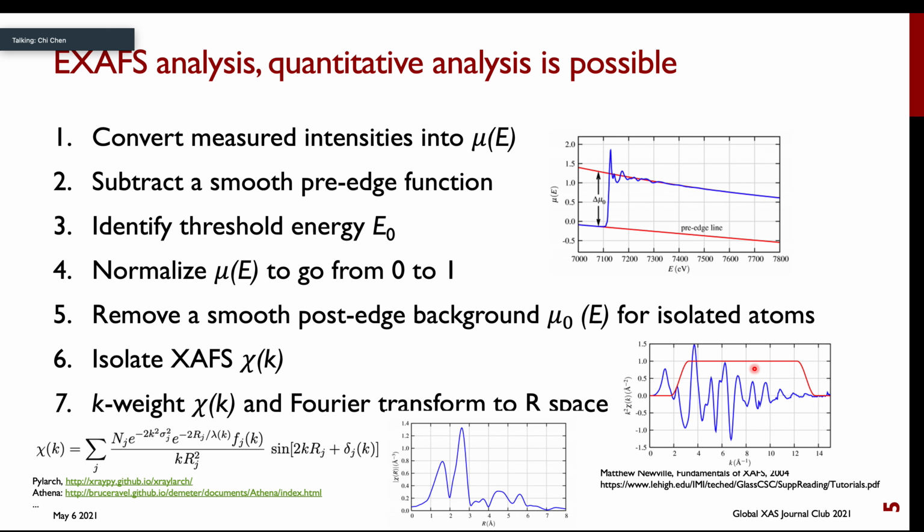For example, you first convert the measured intensity to the absorption coefficient, and then you subtract the smooth pre-edge function. Afterwards you identify the threshold for the energy, as well as normalize the absorption coefficient from 0 to 1. Finally, after you have the k-weighted chi value, you can fit the equation listed here, and you can get the coordination number from the signal itself.